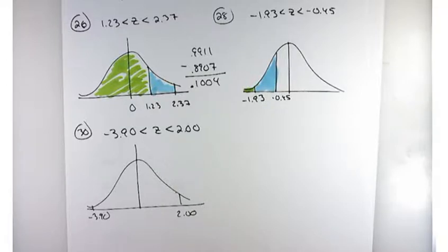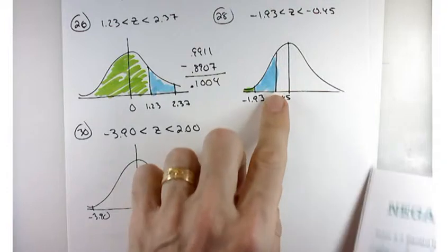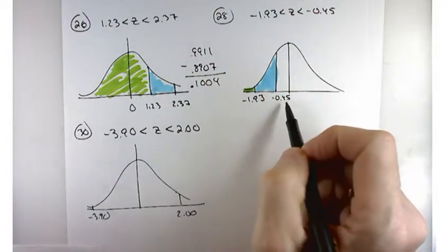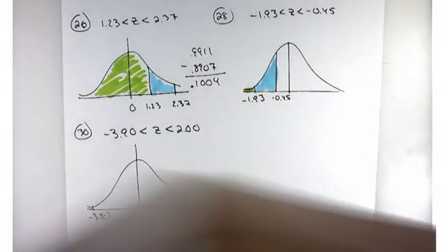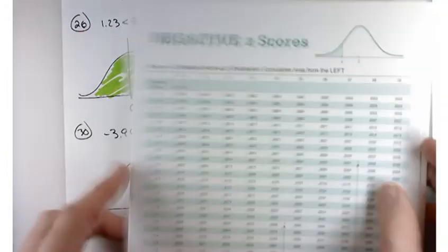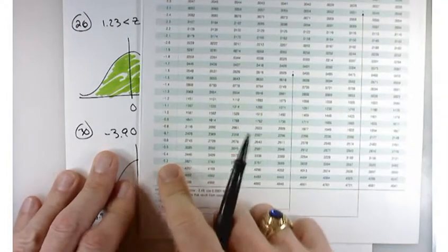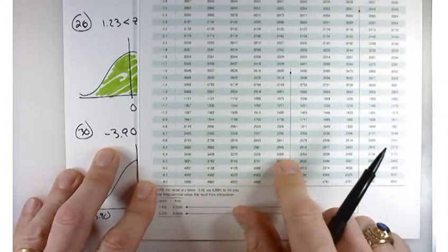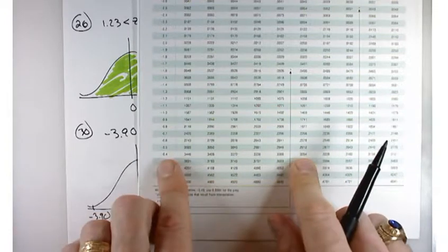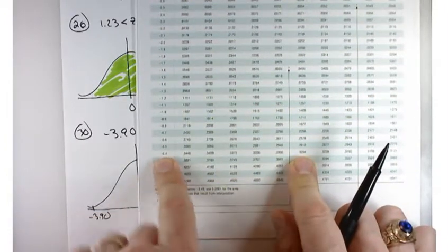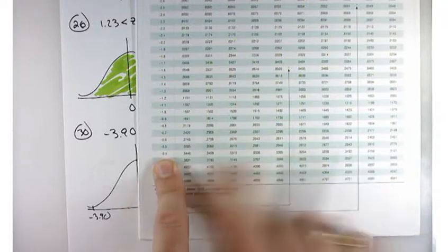Okay, so again, you've got to look through your tables. I'll start by looking up negative 0.45, and I get 0.3264. So down to negative 0.4, then underneath the 0.05, 0.3264.